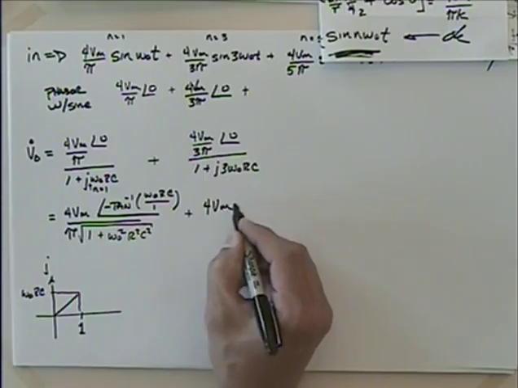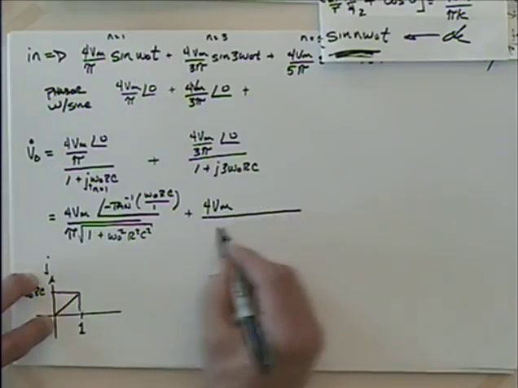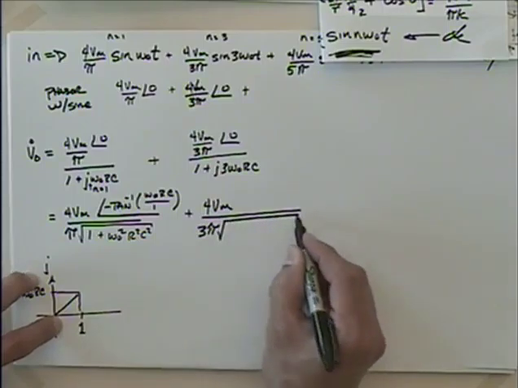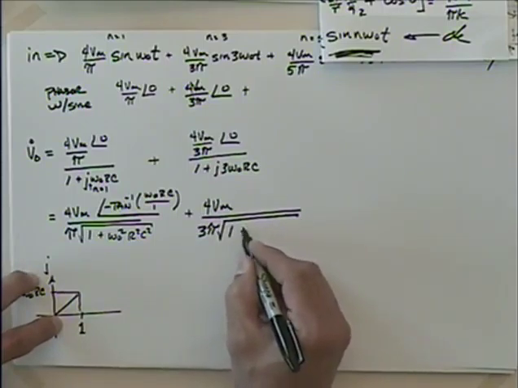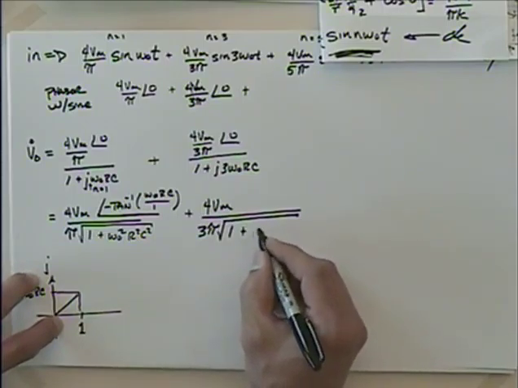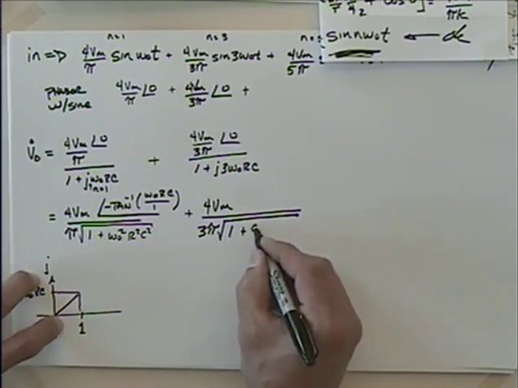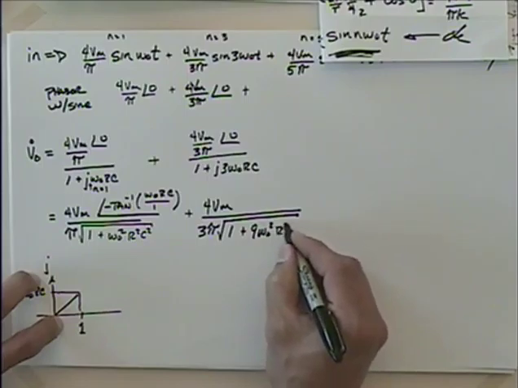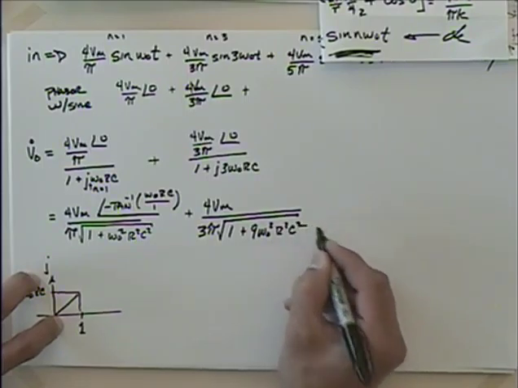So when I come down and continue working on this, this becomes what? 4 Vm divided by 3 pi times the square root of 1 plus, what's that going to be? 3 squared, which will be 9, omega naught squared r squared c squared.